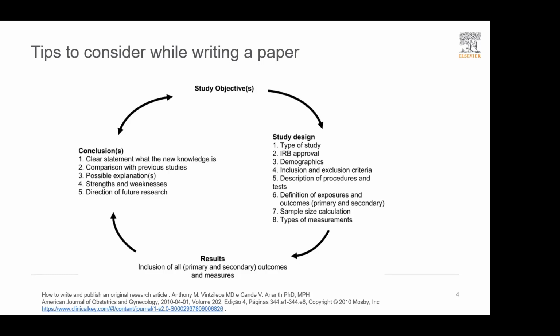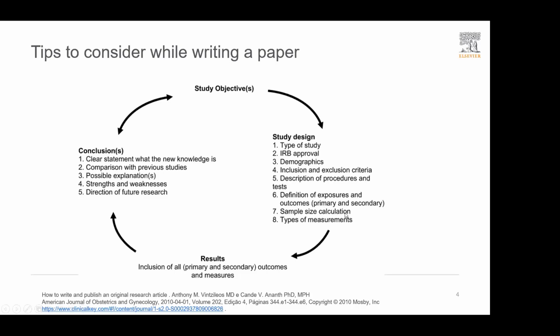As I said, this information is also included in ClinicalKey. Later, we are going to see how we can search for some of these kinds of papers, journals and books that we have in ClinicalKey related to writing a paper, writing a thesis, with all these kinds of results.